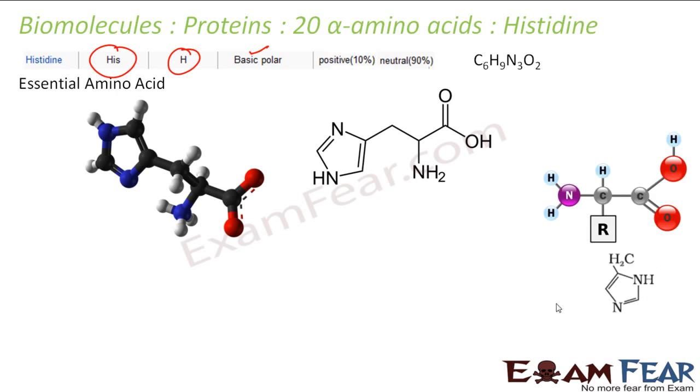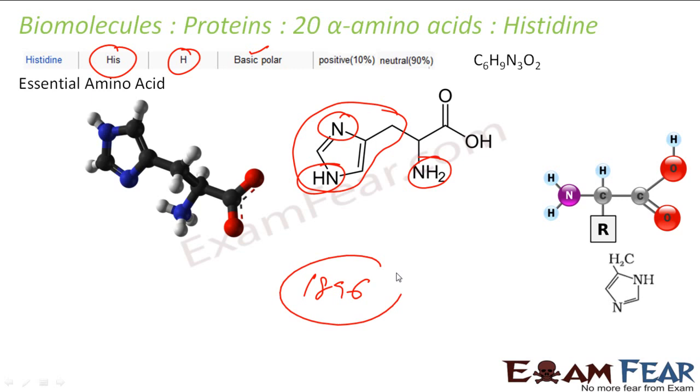If we compare with the general structure, this is how the R looks. This whole thing is my R. So it is a little basic because you have 3 NH groups and 1 carboxylic acid. So it is basic. It was isolated by a German physician, Albert Kossel, in 1896.